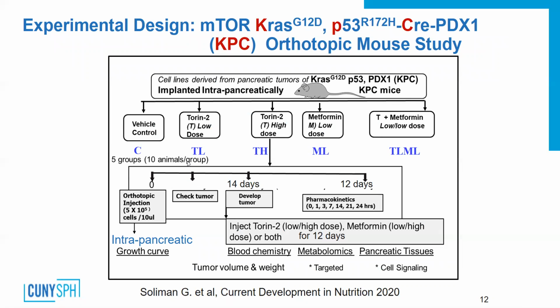So the study design was that we took advantage of the availability of triple transgenic mice. These have triple mutations of KRAS, P53, and PDX1 in pancreatic progenitors, and these are known as the KPC mice. They spontaneously develop pancreatic tumors due to the triple mutations that drive the metabolic reprogramming of cancer cells.